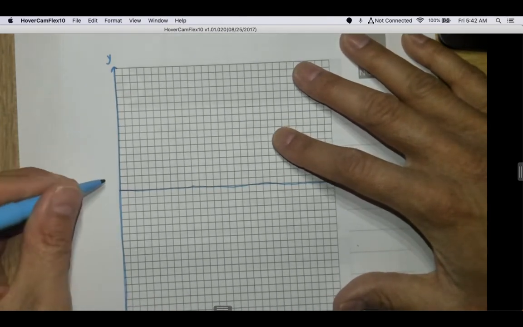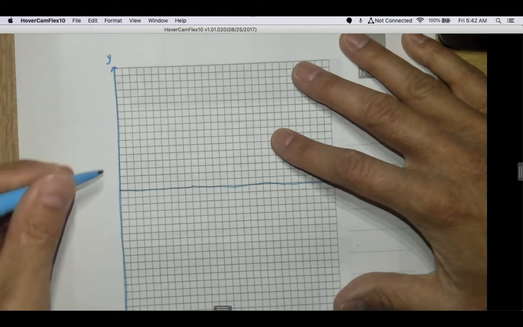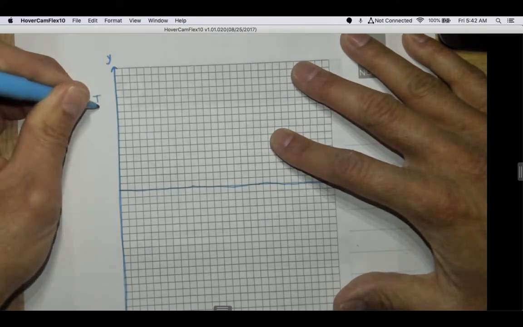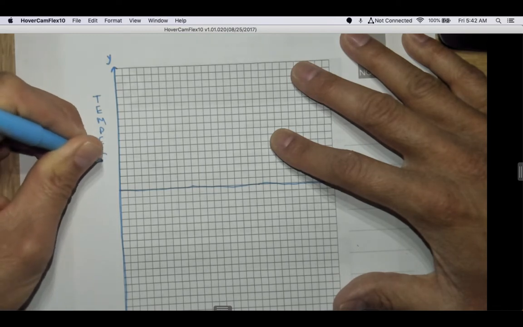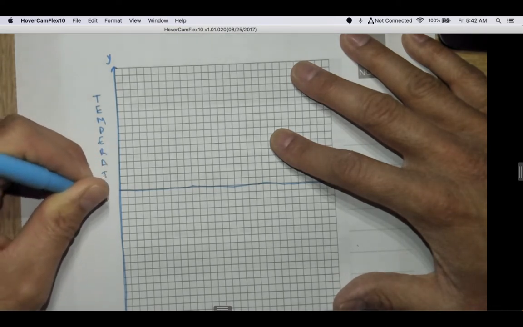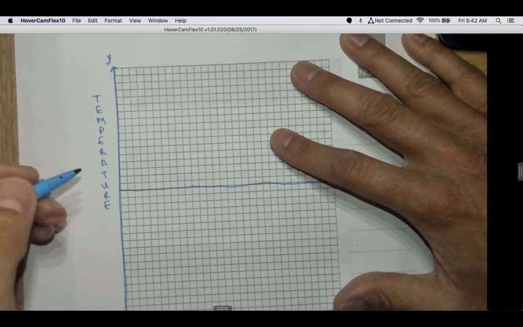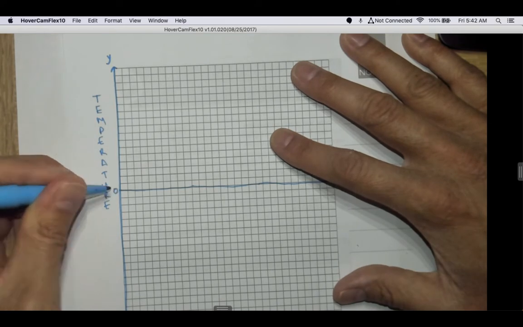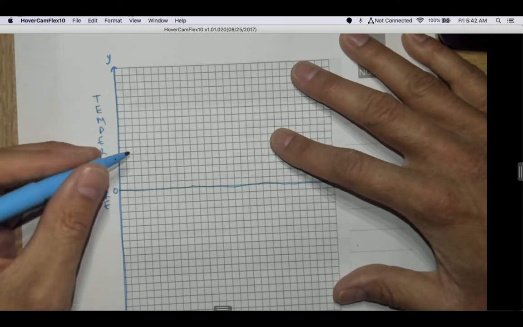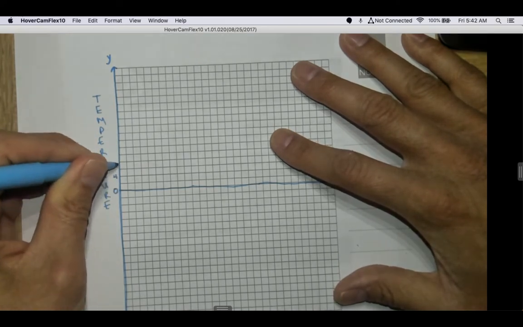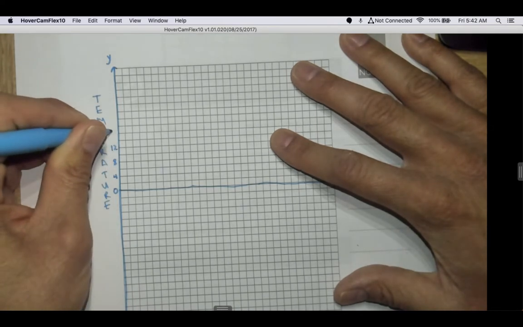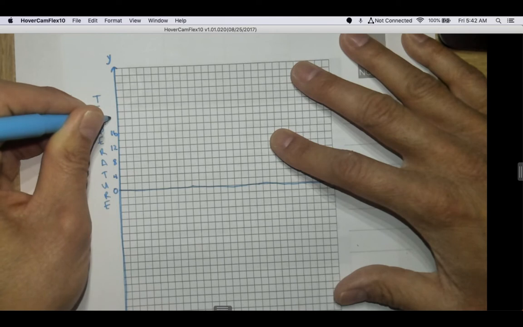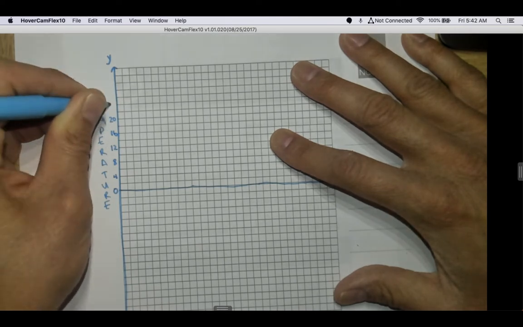And then I'm going to label this as temperature. This is going to be 0 degrees Celsius. And then we'll kind of go 4, 8, 12, 16, 20, 24.